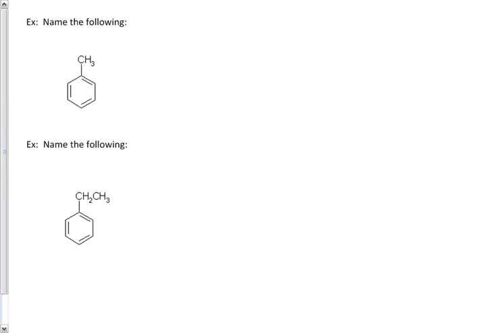Now, we'll practice with these. So if we look at the first example, it says to name the following. And as always, if you want to pause the video and try it yourself, you certainly can. But what we would look at is we have a benzene ring, and attached to this is a methyl group. So the benzene would be the base part of the name, and we would just say methylbenzene.